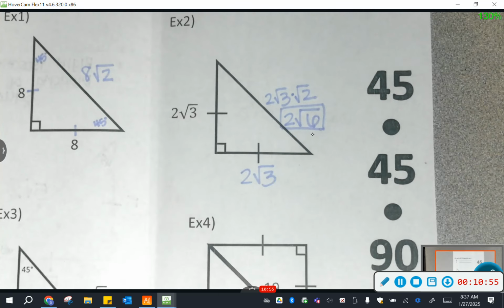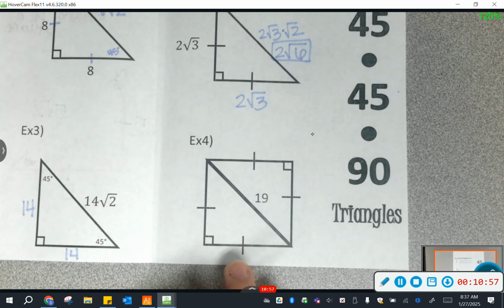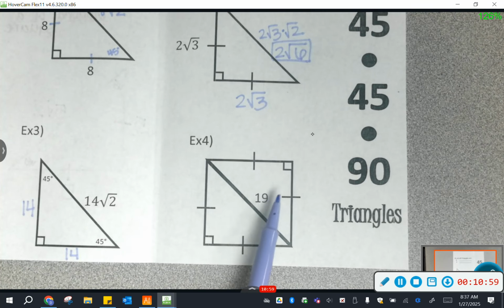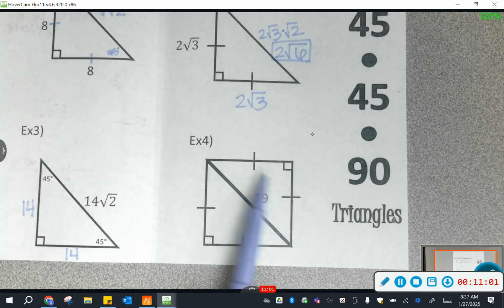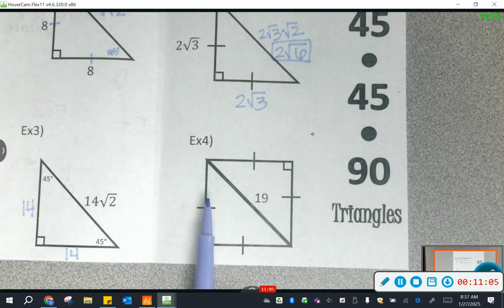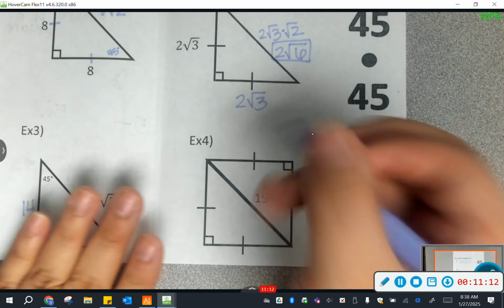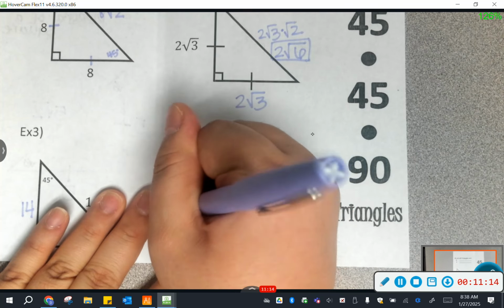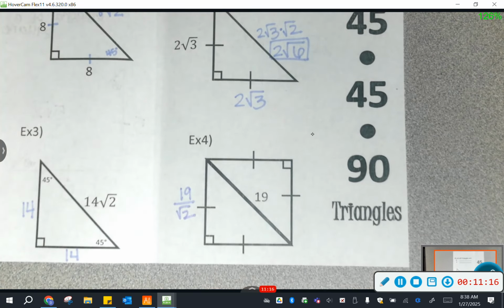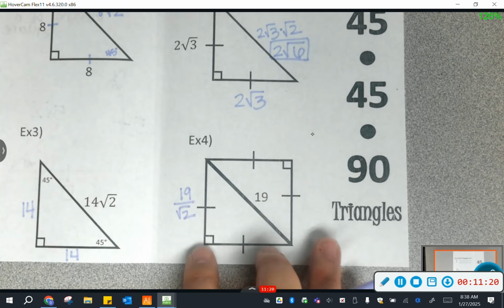Alright, last but not least, if you can look up. If your diagonal is a pretty number, a whole number, no radicals, how would I go backwards? Divide by the square root of 2. And that is your answer. That looks really weird, but that is your answer.